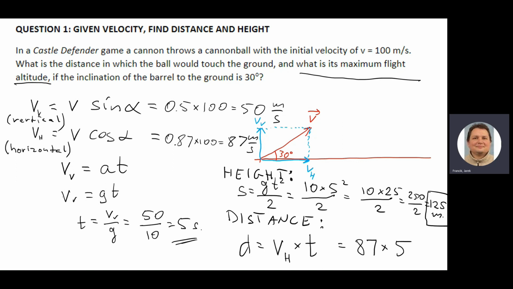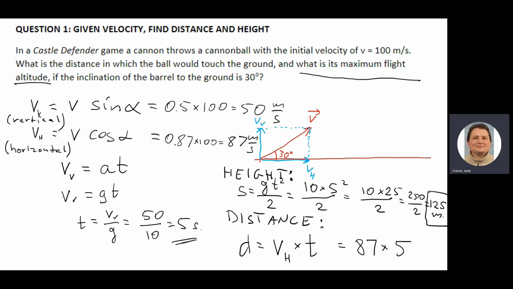Yes? What about vertical velocity? Doesn't apply here, okay? The distance is created by horizontal movement. It's what I showed you previously in slow motion, okay?